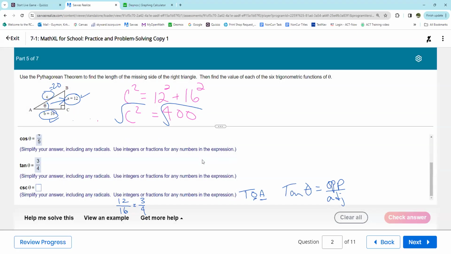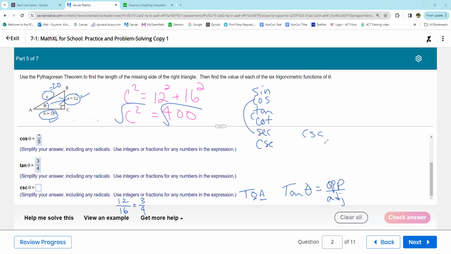All right, so on to part 5. Cosecant. We haven't really talked about this, but cosecant is one of our reciprocal trig functions. So we have sine, cosine, and tangent. And for the reciprocal trig functions, they always match up a co with a non-co. So then we have secant and cosecant.